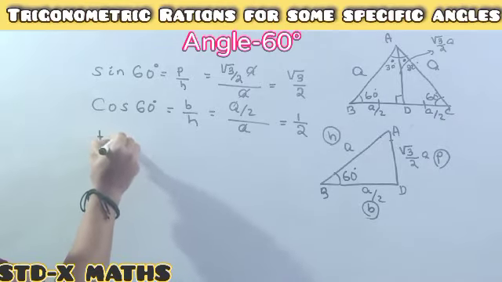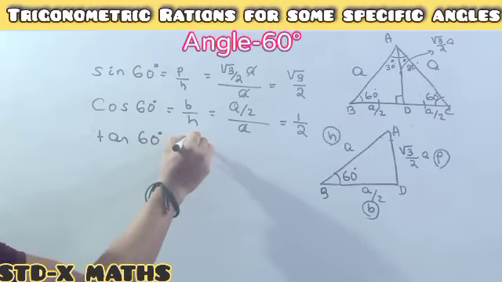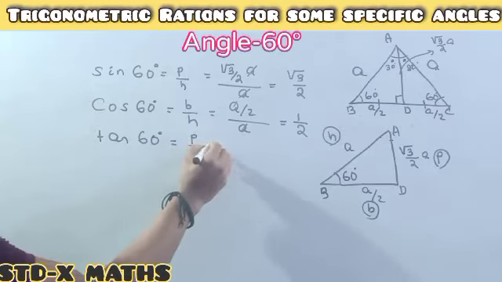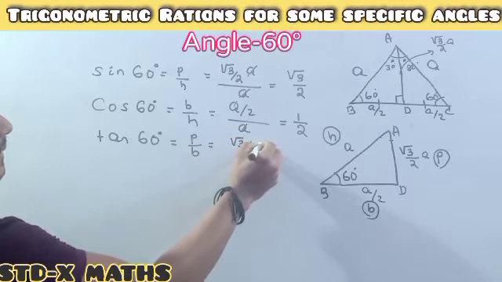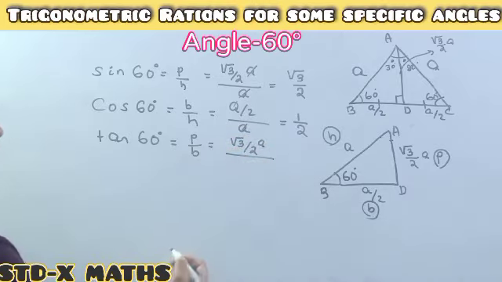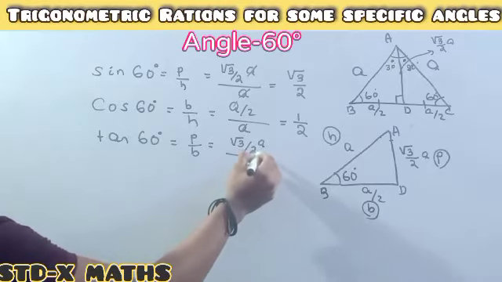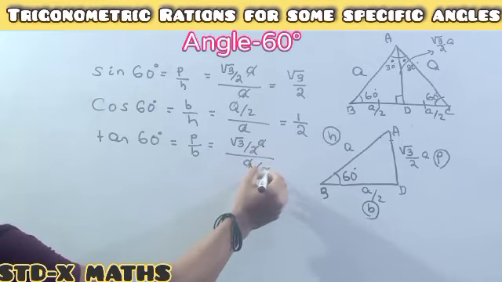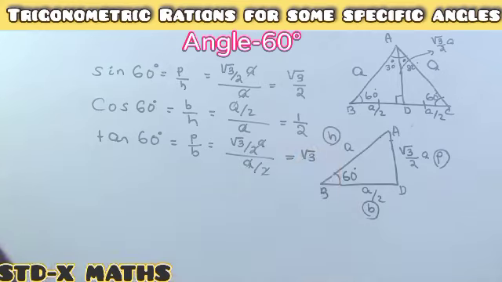Then after, tan 60 degree is P divided by B. Here P is root 3 divided by 2a, and B is a divided by 2. See, here a is cancelled, 2 will also be cancelled, and finally you will get root 3.